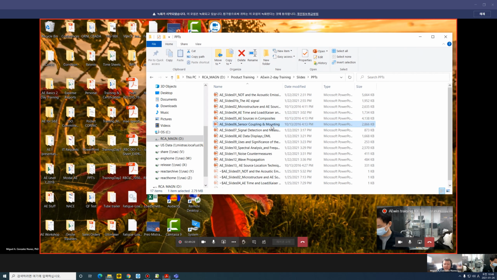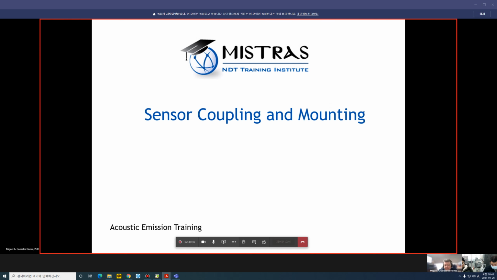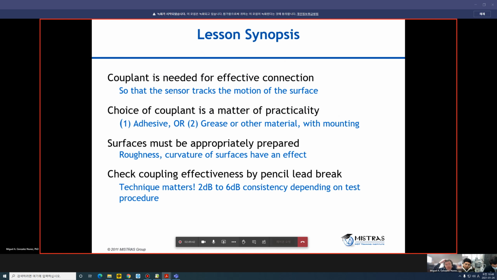All right, so the next one is a very practical presentation. It is related to the sensor coupling and mounting. This is the synopsis for this lesson. In acoustic emission, we need the coupler to have an effective connection between the sensor and the test piece.